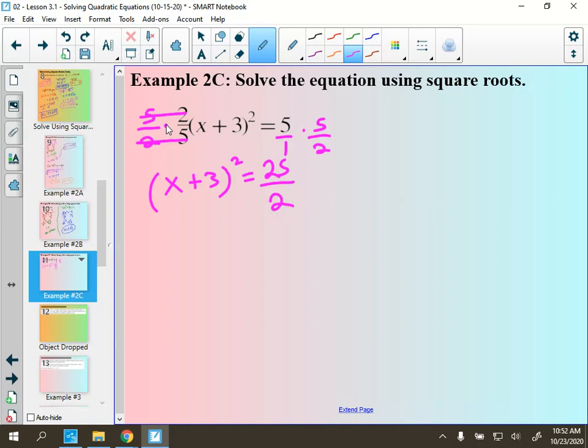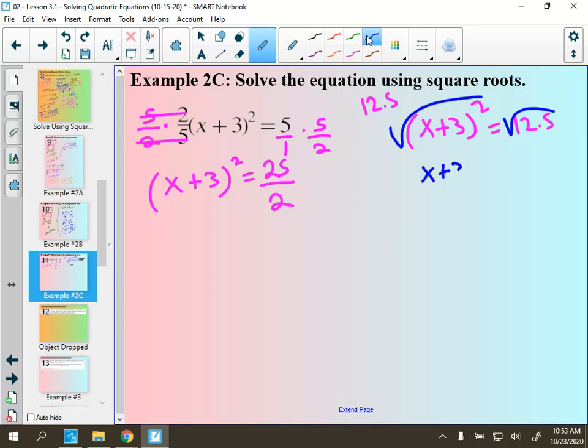I know that's 12.5. But the problem is, if we're sitting here like this, x plus 3 squared equals 12.5, and I say, all right, sweet, square root both sides, I don't know how many people are going to be able to fix this right here, because we didn't really talk about decimals underneath a radical.